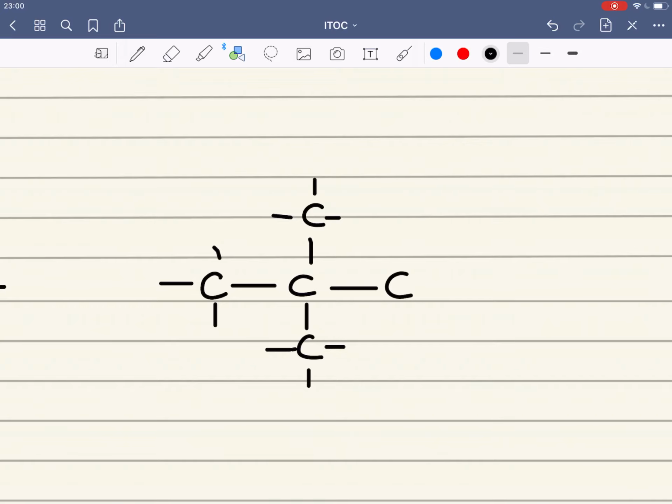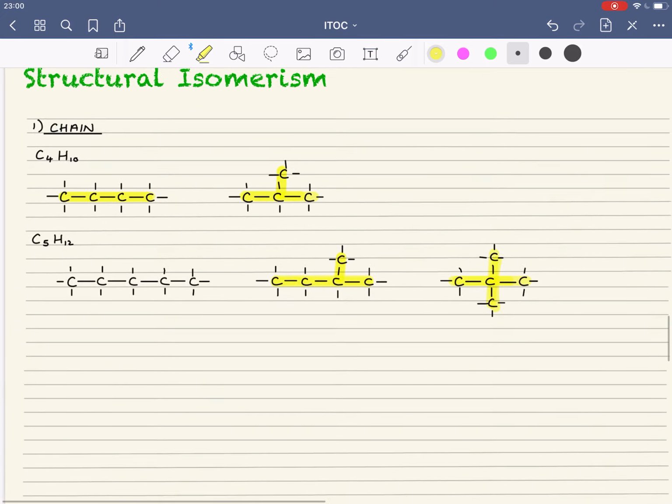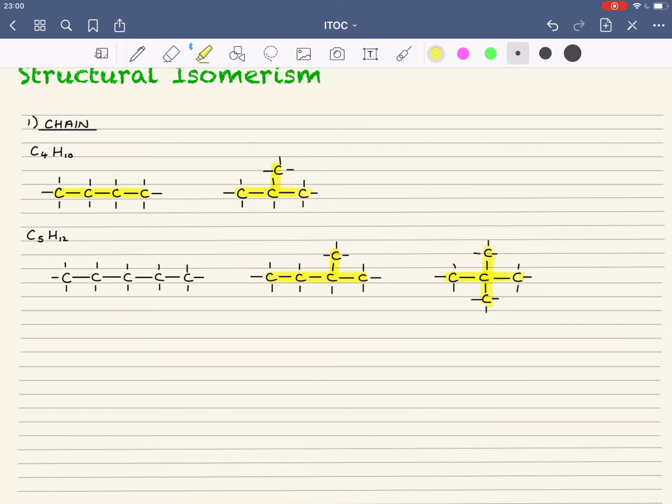And that is dimethyl propane. So they are examples of chain isomers. If I went up to C6H14, the number of chain isomers would increase. So the number of chain isomers increases as the molecular formula gets more complicated.